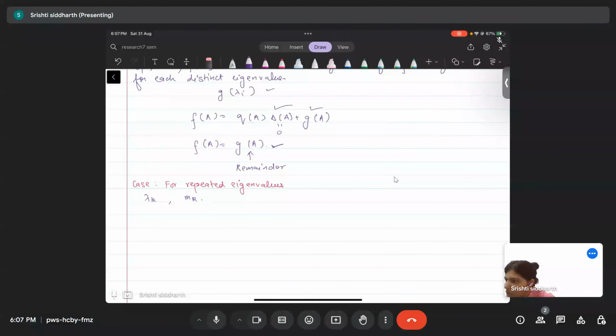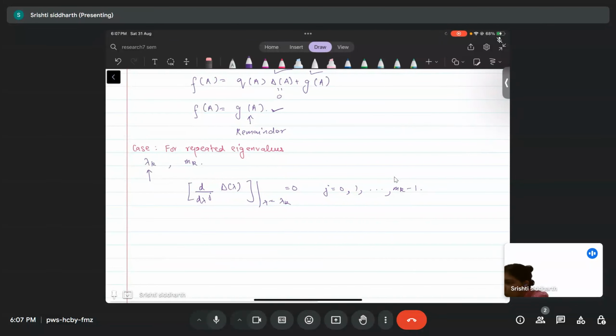So I'm going to write down the steps first. How do you find the betas? One of those betas is found when you just substitute this lambda for the first time, and then this is repeated mk minus 1 times. So you differentiate the characteristic polynomial, evaluate it at lambda k, and put it to 0. So j goes up to mk minus 1.